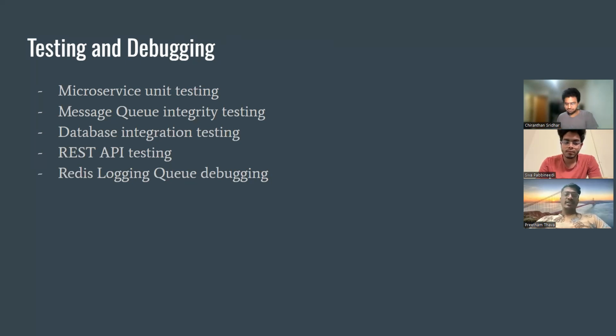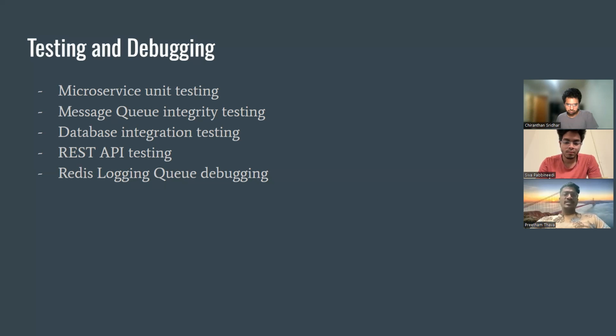Coming to the message queue integrity testing, this is where we check the order and logging of messages, and if the request has been placed in the right place and at the right time. We were facing a few debugging issues where several components were not able to pick up a message on the message queue, because some other component had already popped it out.